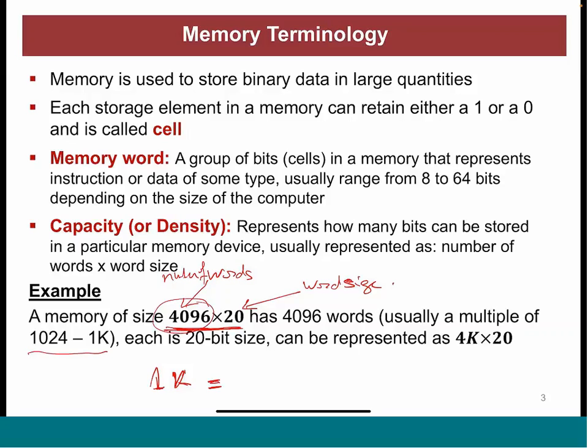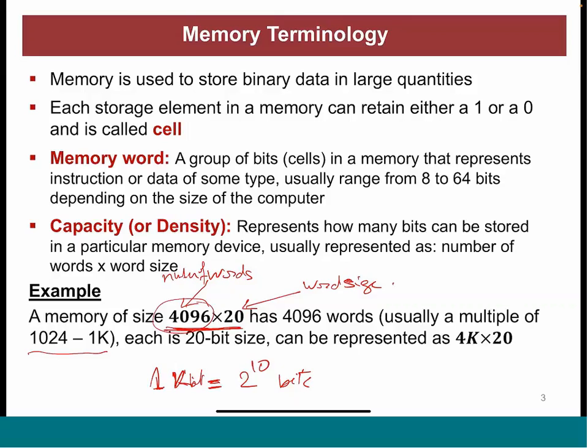Which is a power of 2, sorry. It's 2 power 10. 1K is 2 power 10. So if I say 1 kilobit, it's 2 power 10 bits, so 1024 bits.